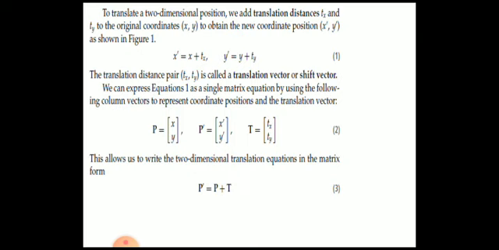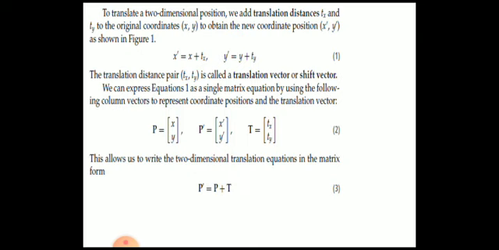That means we are adding these translation factors tx and ty to the original values of x and y in order to get the new values of x and y, which are termed as x dash and y dash. The translation distance pair tx comma ty is called the translation vector or the shift vector.